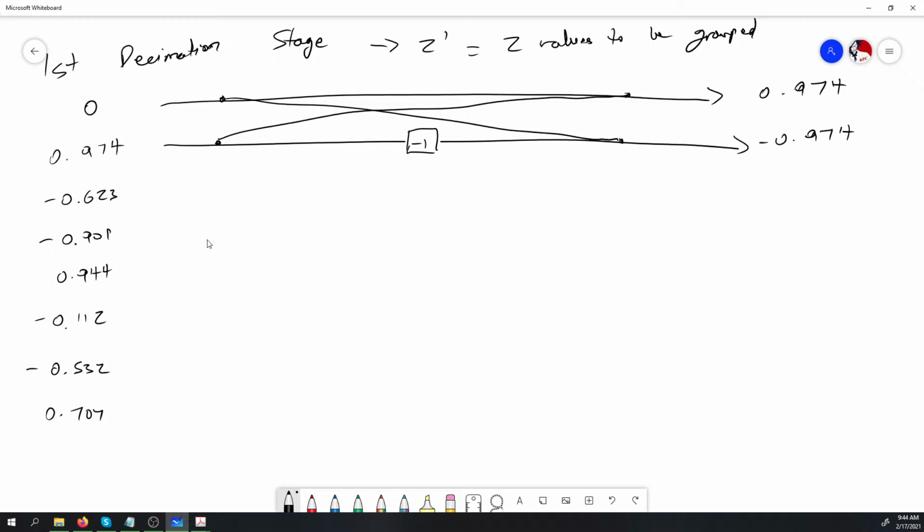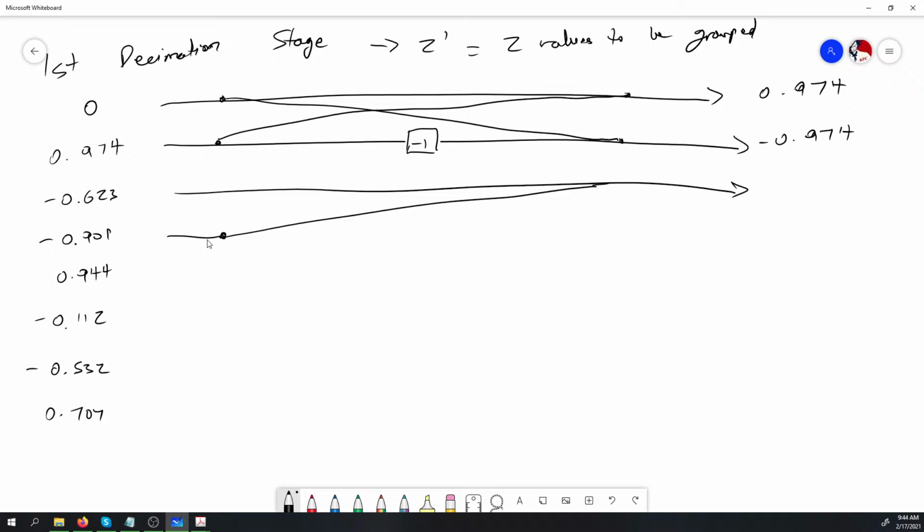Similarly, we can do this for the next pair of values. So we say 0.623 here will go across here, and then 0.901 will go across here as well. So in doing that, 0.623, because it's negative, minus 0.901, when we add the two together, we get -1.524.